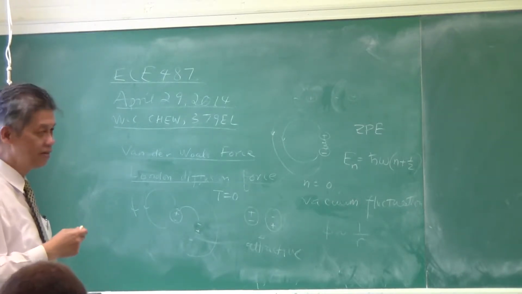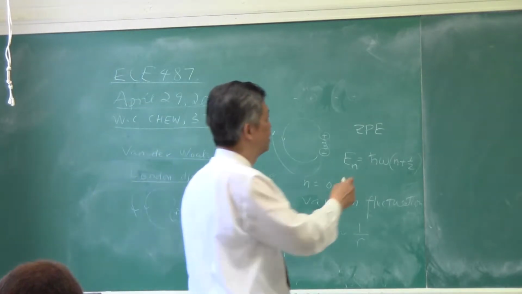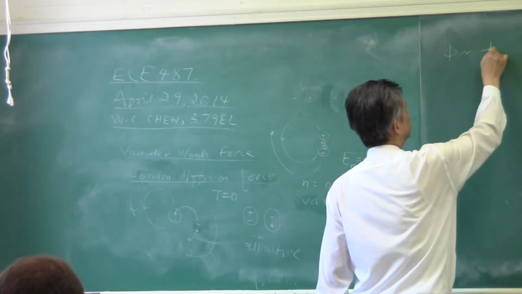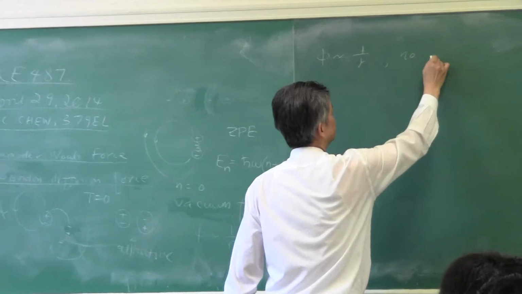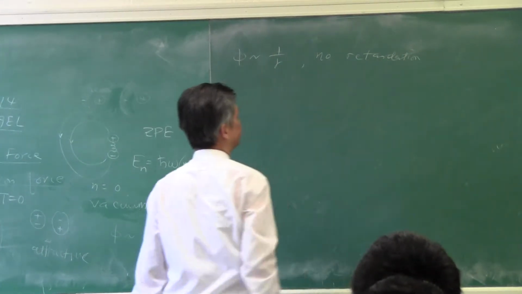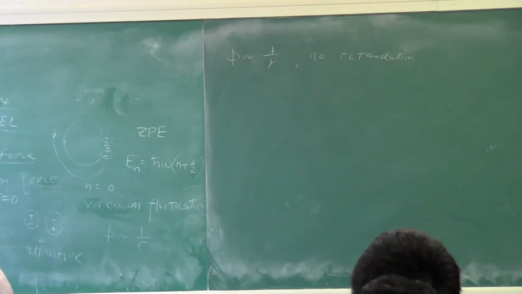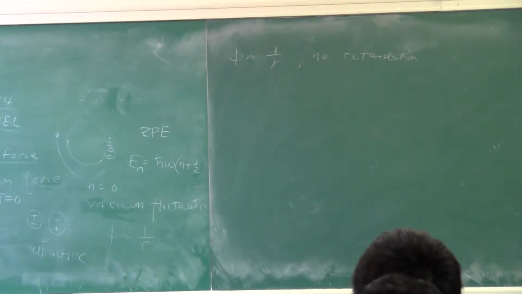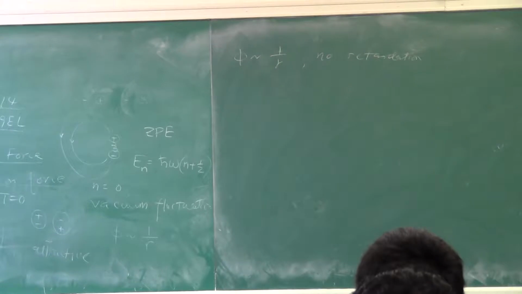This kind of potential is known as potential without retardation. Many of the van der Waals forces were calculated that way, assuming that the dipole produces a very simple potential that has 1 over r.